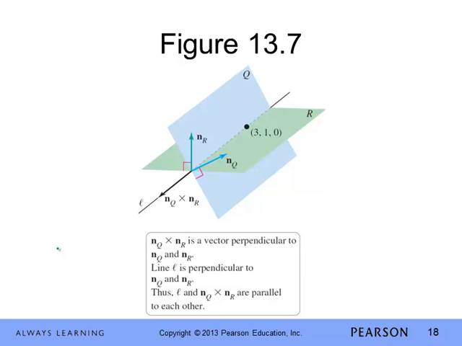So suppose that we've got plane Q, plane R, and they intersect along a line. What would be the parametric equations for that line? Well, what do you need for a line? You need a direction vector and you need a point.